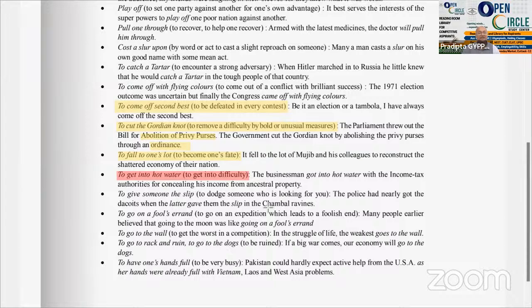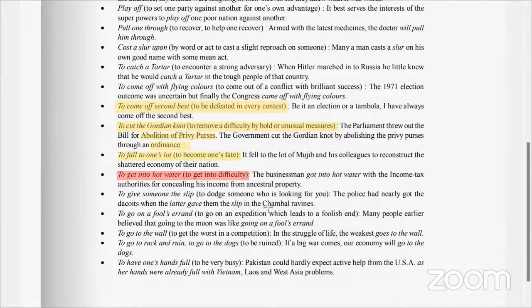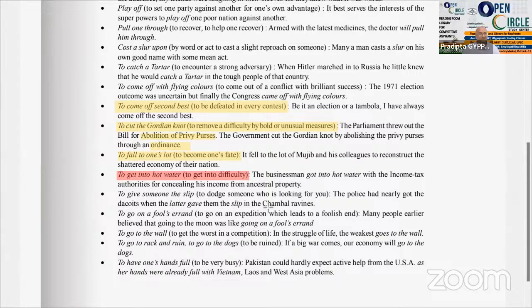To get into hot water. Meaning to get into trouble. Read the sentence. The businessman got into hot water with the income tax for concealing his income from ancestral property.